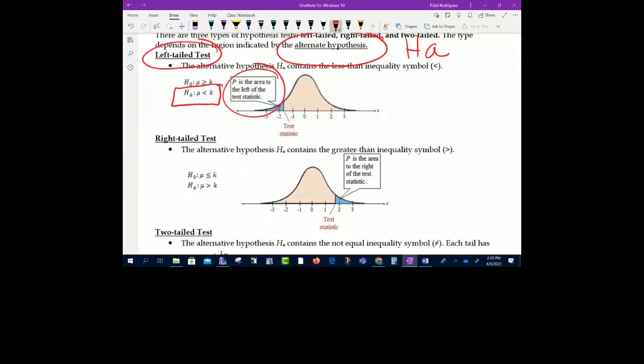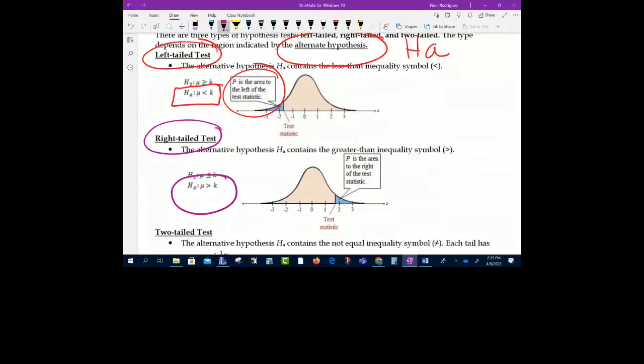And for that reason, that's why we call it a left tail test. It's going to be that easy. You're going to look at the HA and at the direction of the inequality. Right tail test. Look at my HA. Which way is my inequality sign pointing? To the right. That's why we call it a right tail test.